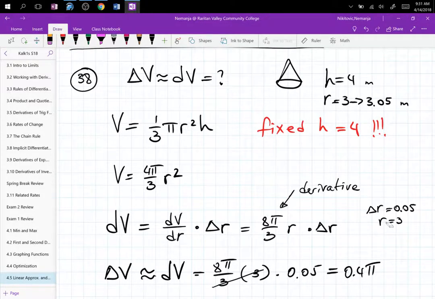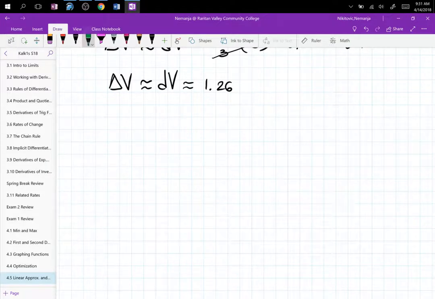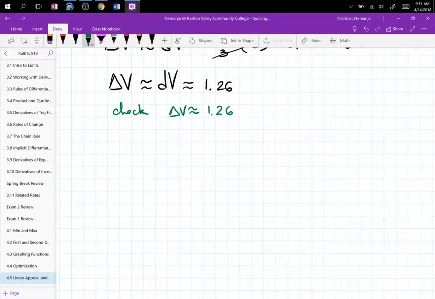If I calculate the exact value, just to check, delta V is approximately 1.267109. Those are the decimals the calculator gives me if I actually use the formula, plug in 3.05 squared, compute everything, then plug in the 3, compute everything and subtract. So the actual change is this number, and the one we computed with the differential is this number. Same. That's that.